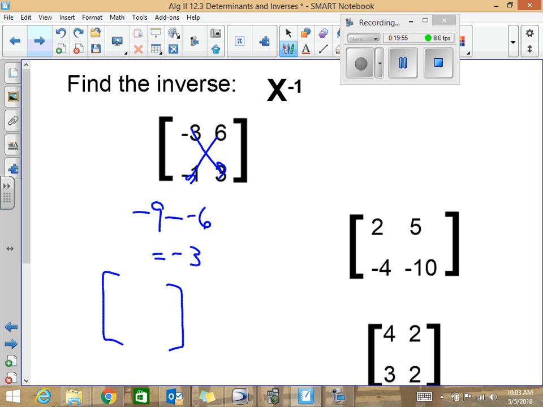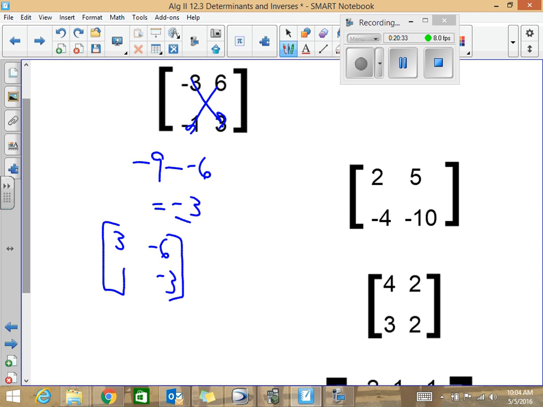You switch A and D. I move D into A, I move A into D. You switch A and D, you change the signs of B and C. So instead of 6, I get -6. Instead of 1, I get +1. And then you multiply by the reciprocal of your determinant.